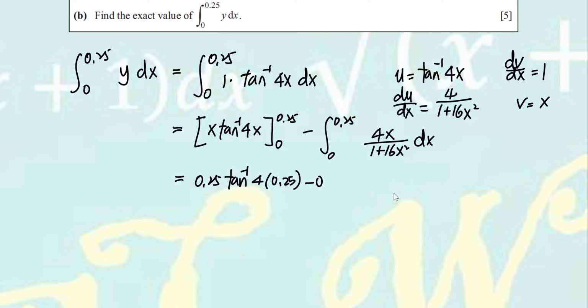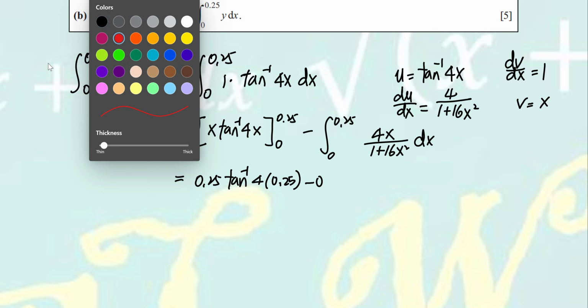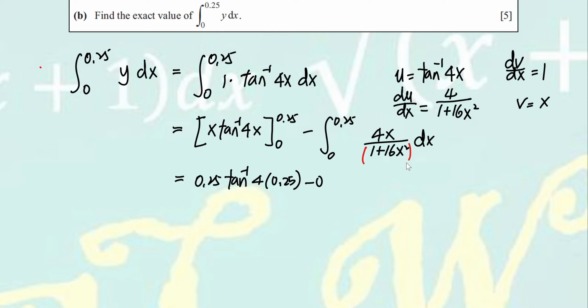And then for the integration over here, I'm going to use the ln because the degree of the denominator is 1. According to the ln formula, we differentiate the f(x) to get f prime x in the numerator. Then this will be ln f(x) plus c.